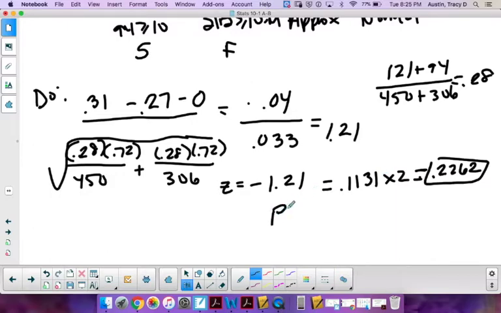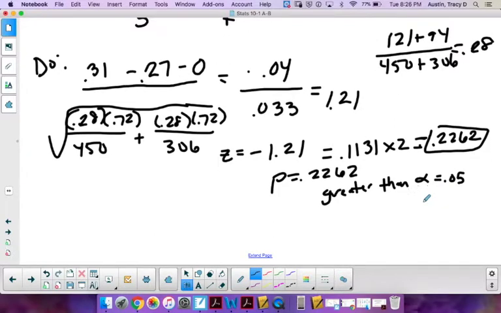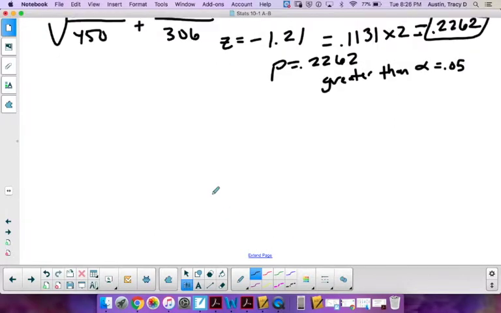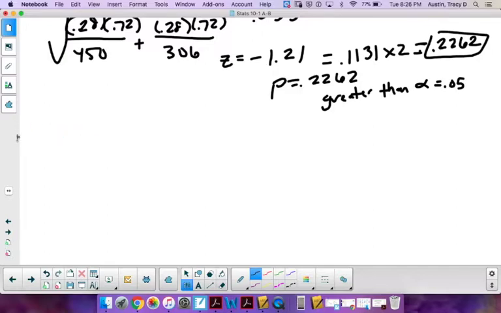Okay, so that's our p-value, 0.2262, and that is greater than alpha of anything reasonable. Okay, again. And then our conclusion, we fail to reject the null.